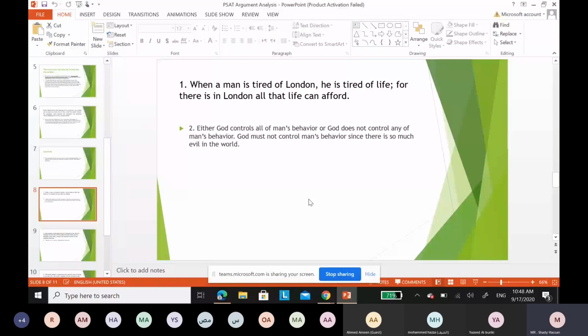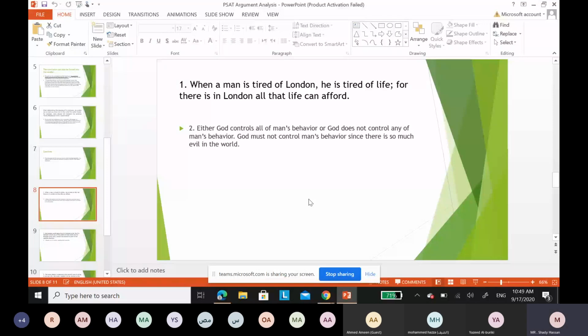Question number two. Either God controls all of man's behavior or God does not control any of the man's behavior. God must not control man's behavior since there is so much evil in the world. Where is the central idea in here?